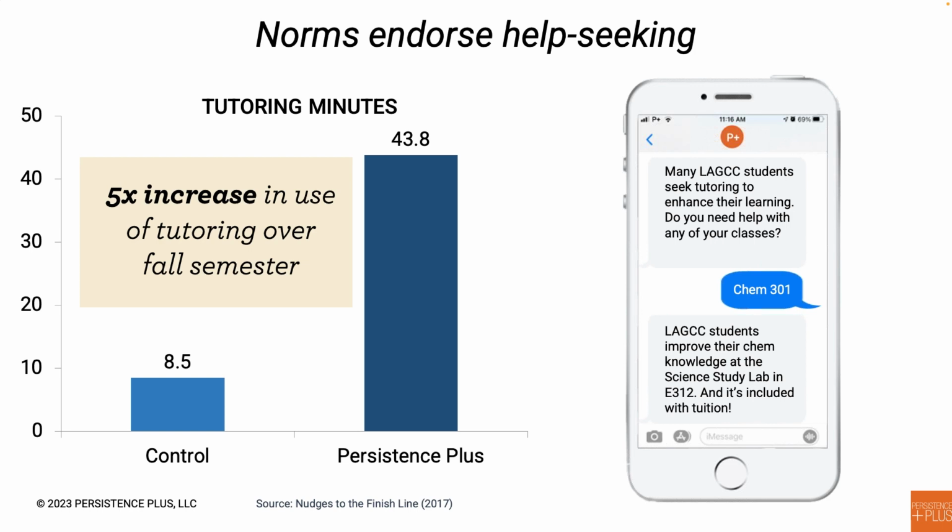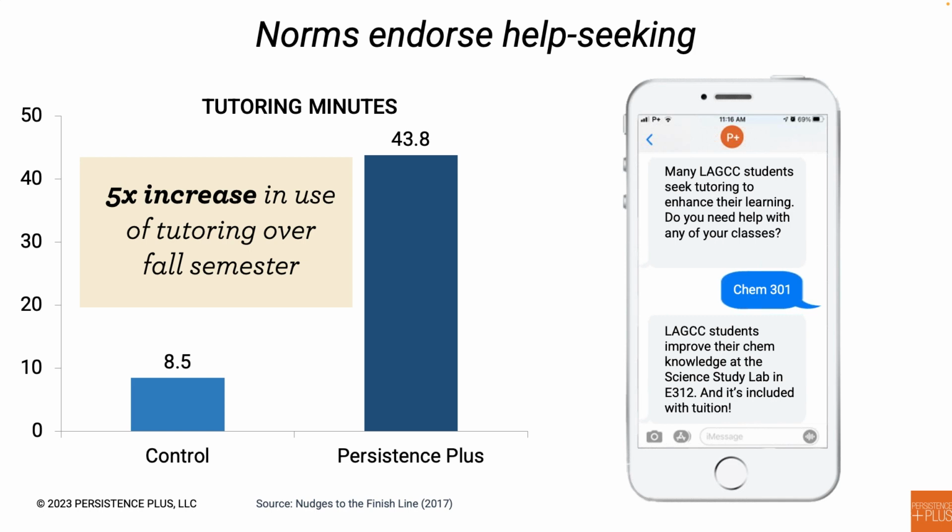This came from a big project we did several years ago called Nudges to the Finish Line. It was funded by the Institute for Education Sciences, and the goal was to promote help seeking and persistence and ultimately graduation for students in their last year or so of college. Since in many instances those students feel some of those supports being taken away from them, we wanted to add in more support to make sure they finished and didn't end up a few credits short with a bunch of debt.